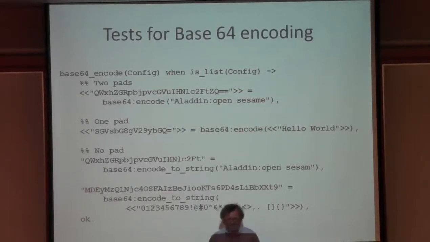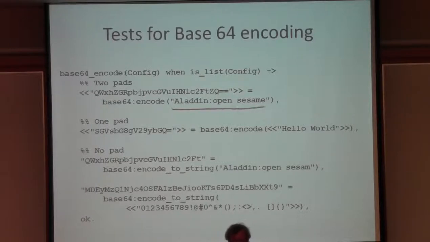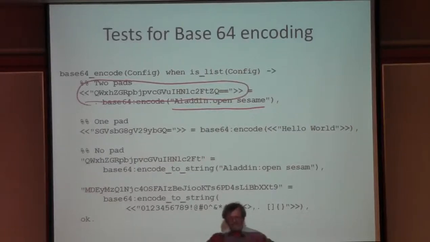Base64 encoding does that. So here you can see I've got one test that encodes this string and then checks that the result is equal to this. It's a binary string actually, but you can see the characters that the base64 encoding produces. So there's one test case, there's another, a third, and a fourth.